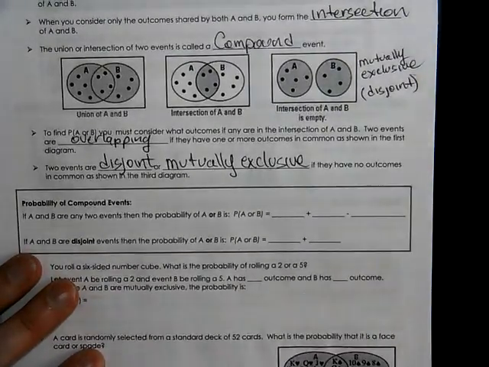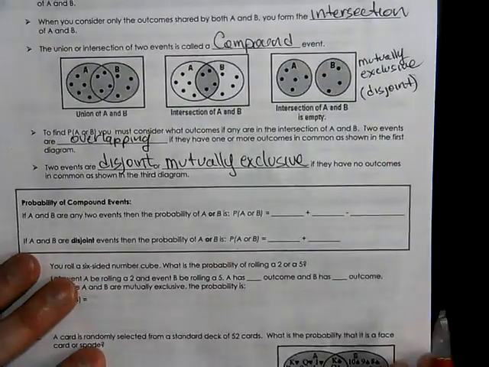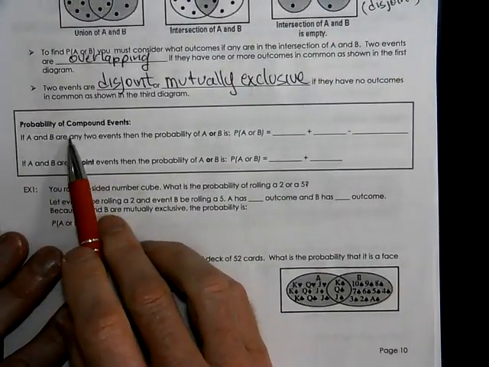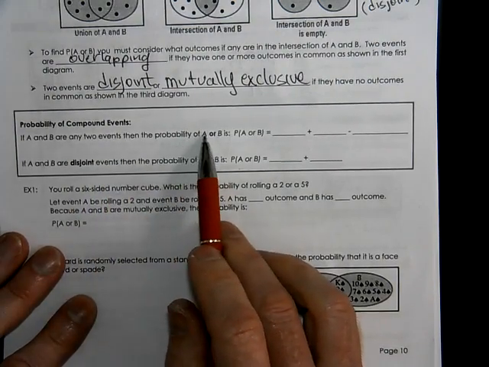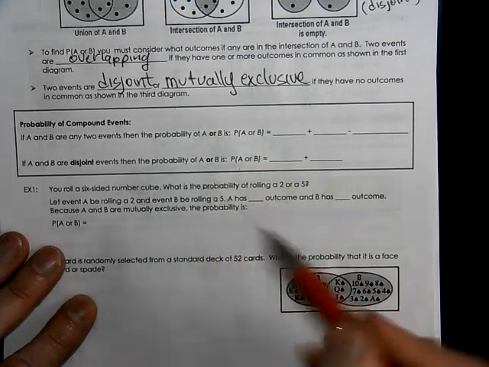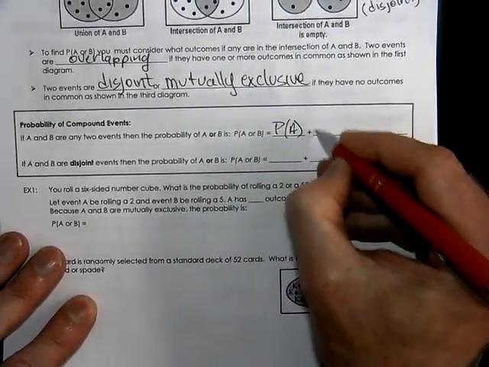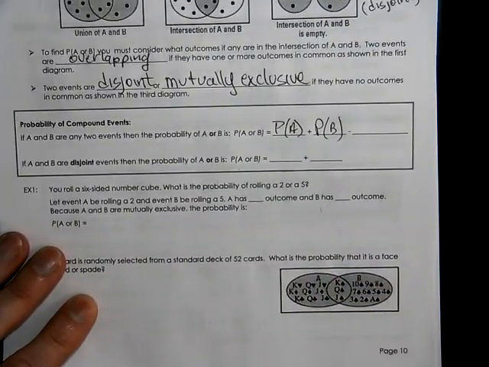When it's been A or B, we've added the probability of A and the probability of B. So if A and B are two events, then the probability of A or B is the probability of A plus the probability of B. That's what we've done in the past.